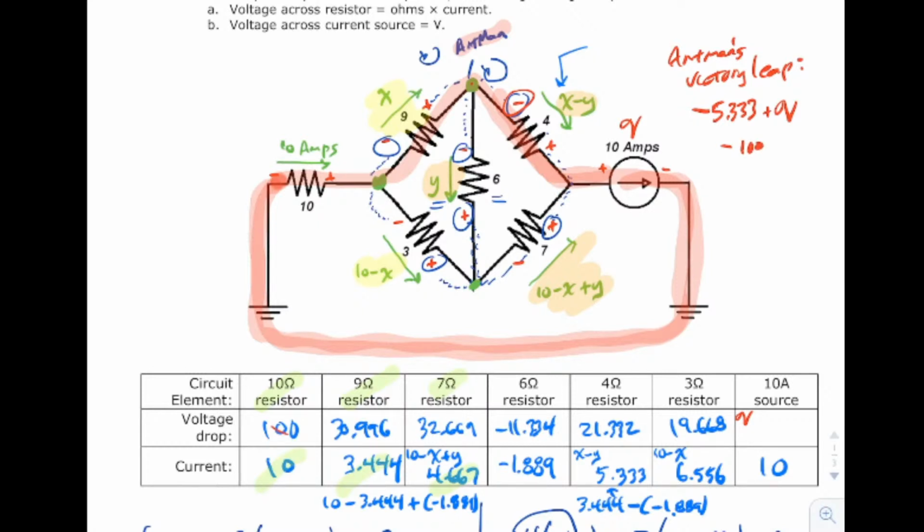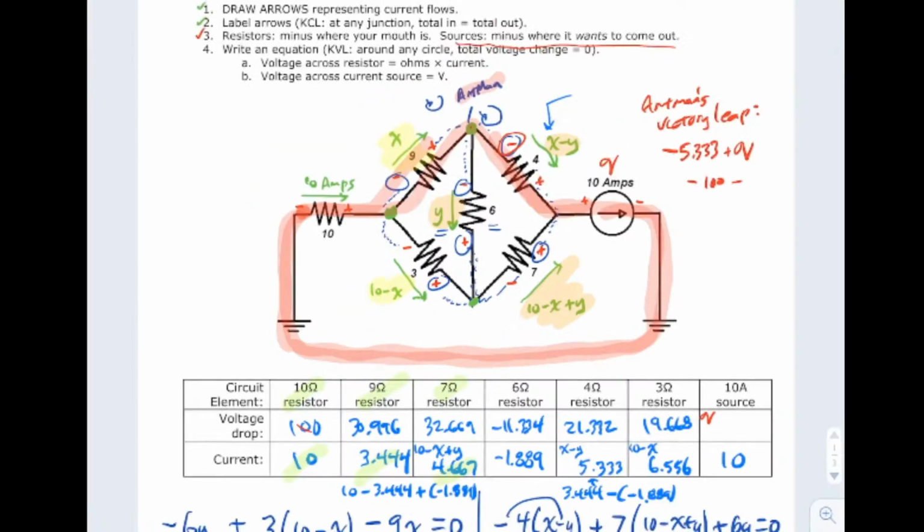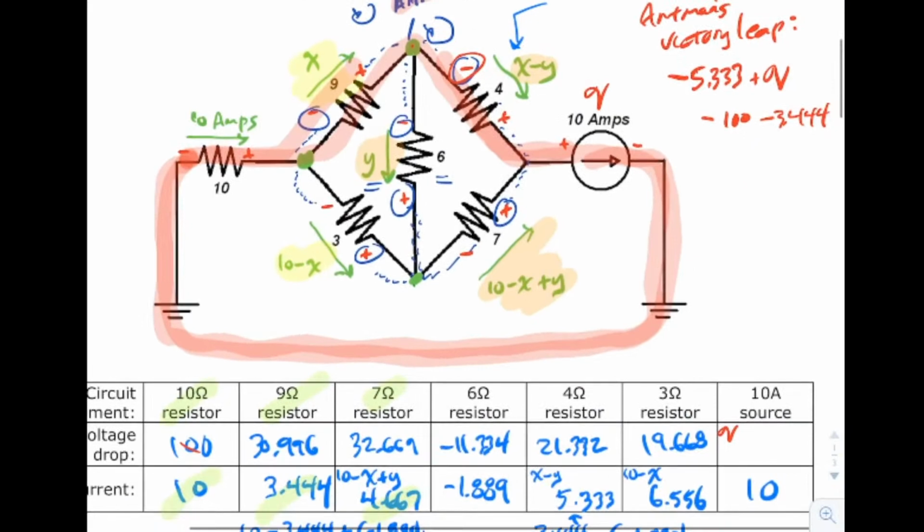And then we come up through this resistor, minus on the way in, and across the 9 ohm we've got 3.444. So, we're back where we started, equals 0.